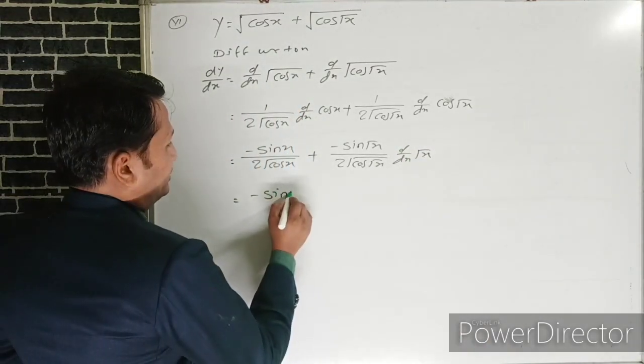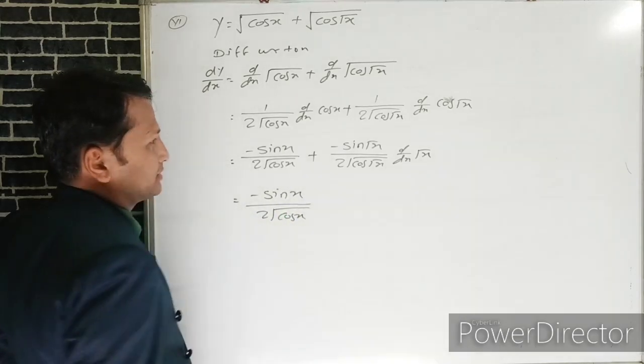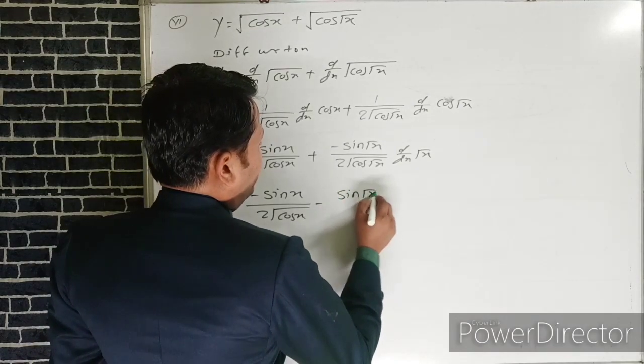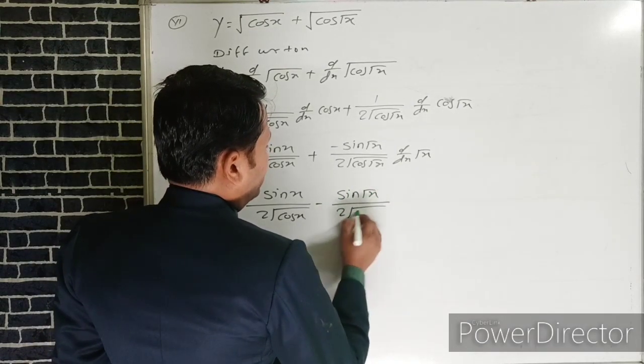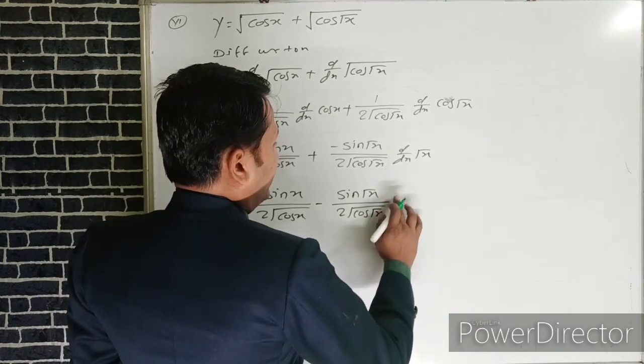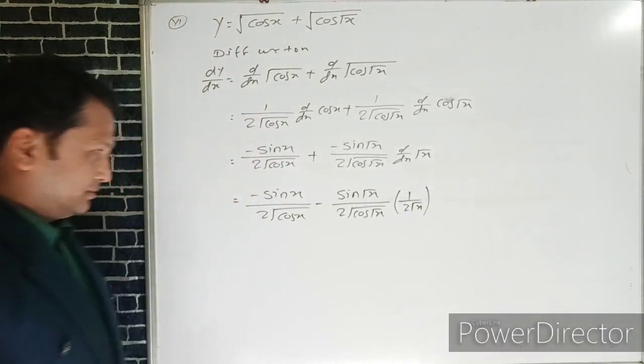Minus sin x upon 2 under root of cos x as it is, minus sin of root x upon 2 under root of cos of root x into again derivative of root x is 1 upon 2 root x.